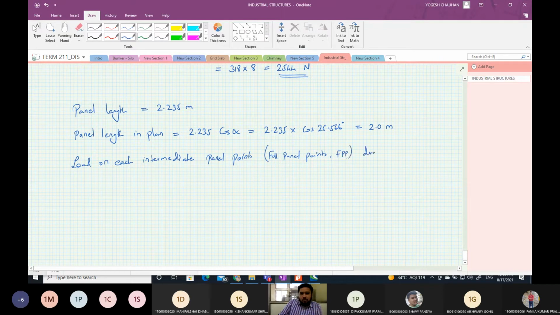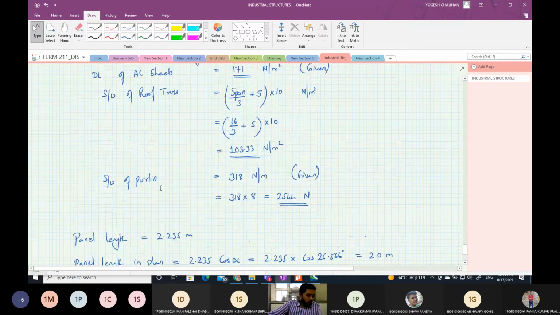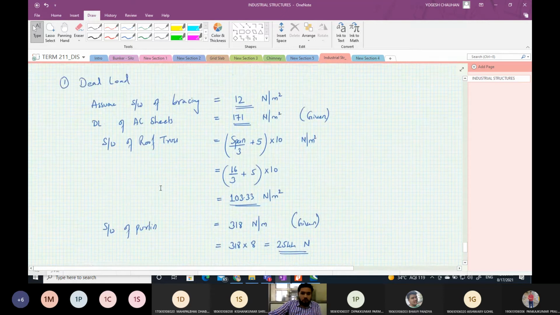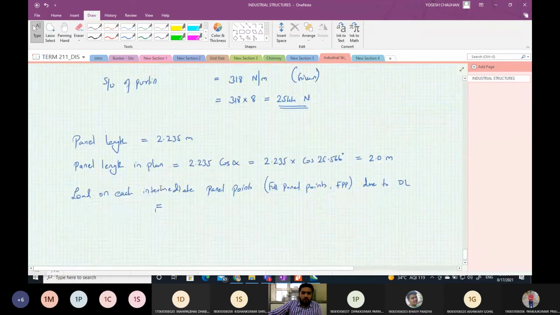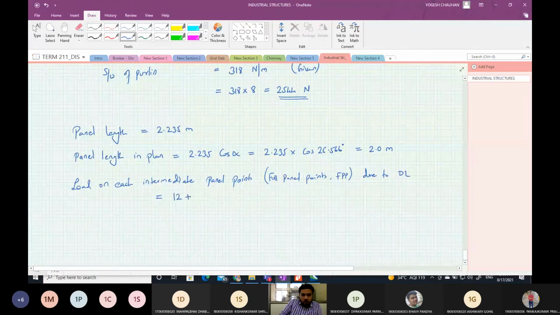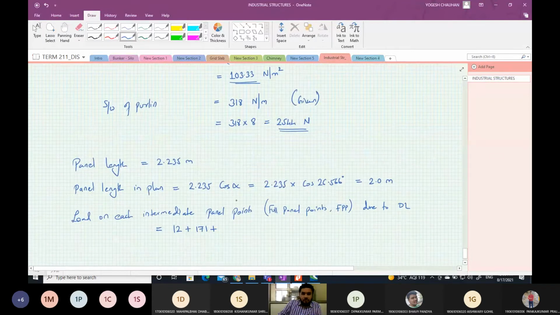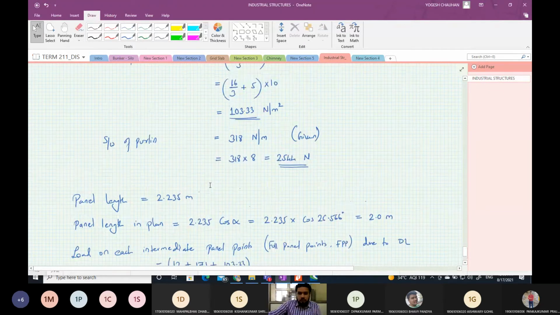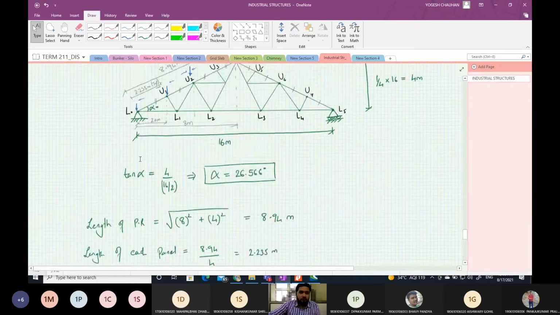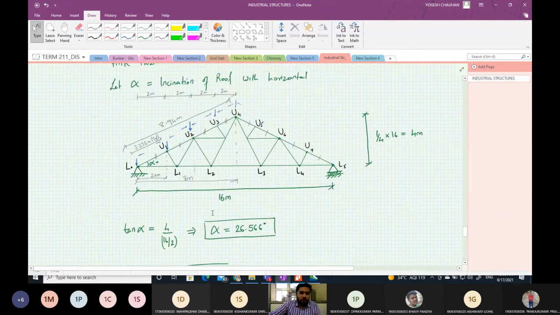Due to dead load, it will be equal to 12 plus 171 plus 103.33. Now all these dead loads are acting in the gravity direction, in the downward direction.